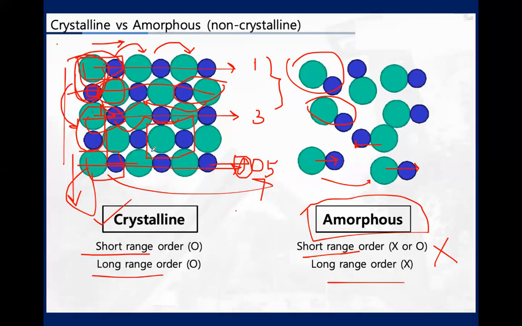One repetitive unit and another repetitive unit is here. So like that you can find a single repetitive unit, the smallest one, representing the entire crystalline material.